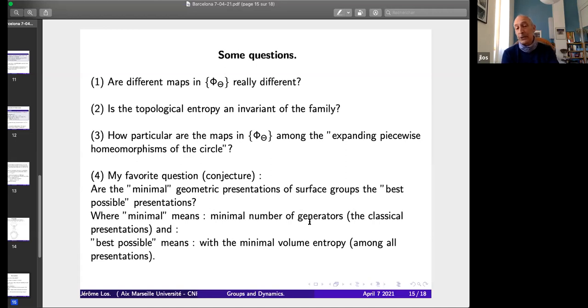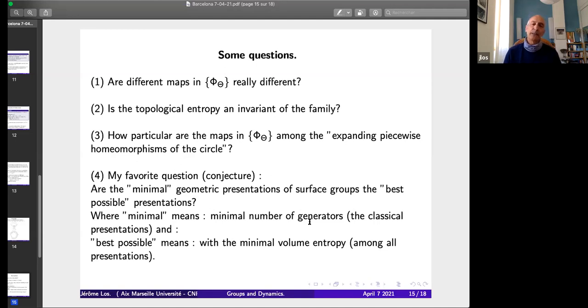And here the question is phrased like, is there a best possible presentation, in the sense that there is a presentation with the minimal volume entropy among all possible presentations? And I'm very, very far from having an answer to that question.